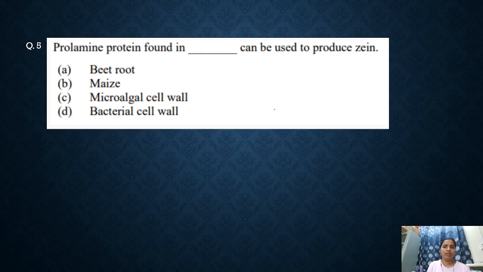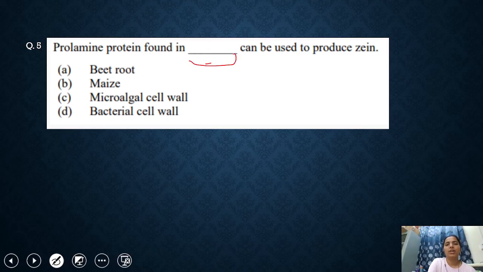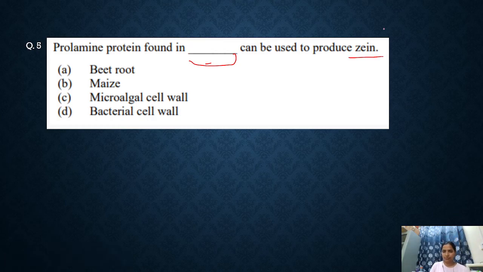Okay, this is the next question. Prolamine protein found in, they are asking the source that can be used to produce zein. So does anyone want to answer this?